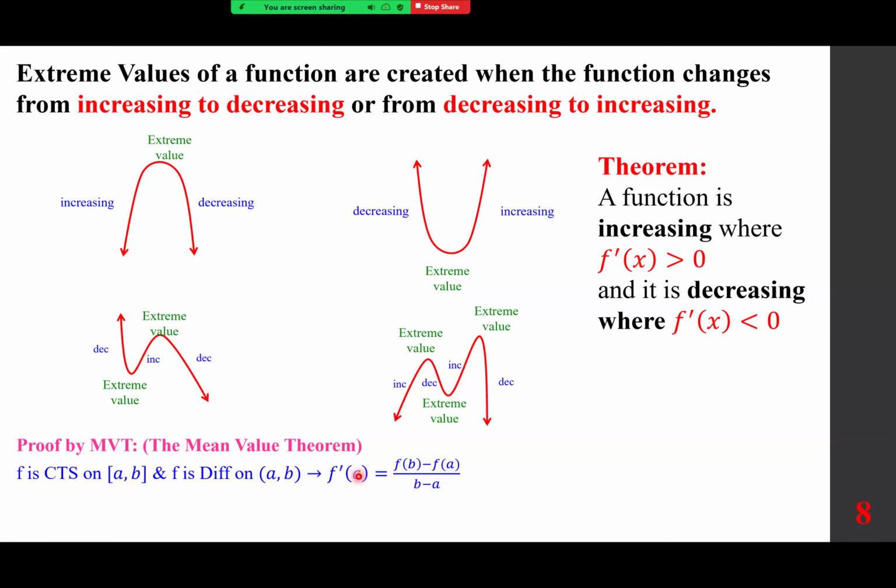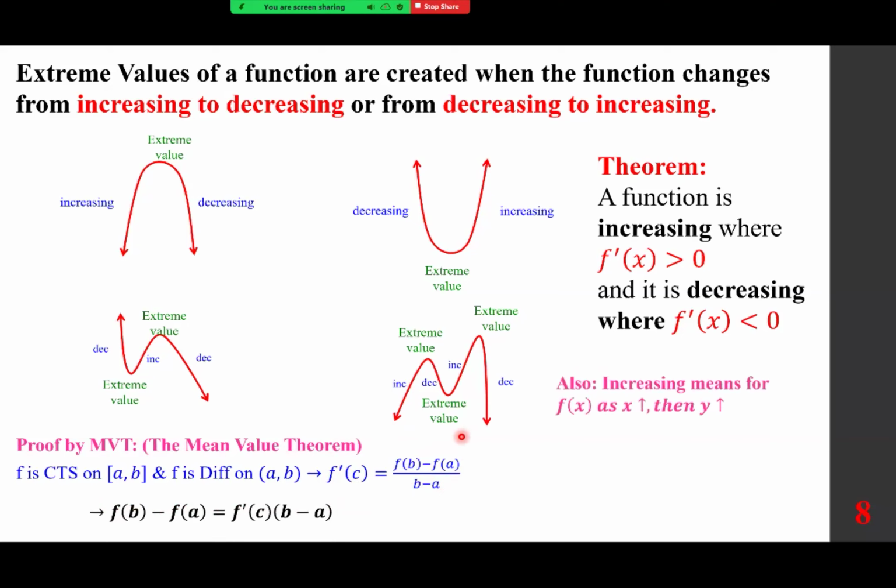There is some point c in between the 2 points that has a tangent line parallel to that, so therefore it has the same slope. Cross product gives us f of b minus f of a equals f prime of c times b minus a. As far as the mean value theorem is concerned, sometimes they write it in this fashion, sometimes they write it in this fashion. I hope you see that this creates this one. So stick with this one, for example.